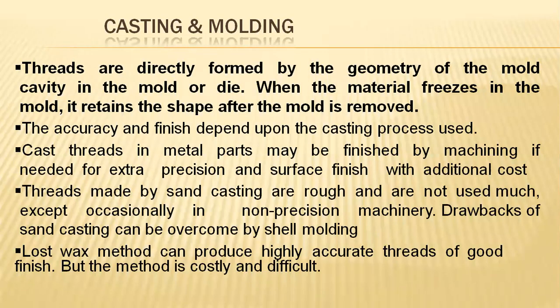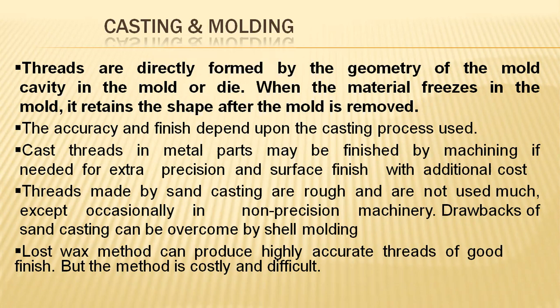Let's have a detailed look at the classifications one by one. Casting and molding is a basic initial process. In this process, the threads are obtained directly as per the geometrical specifications, as impressions created in the mold, or with a standard die made of standard materials, that is stainless steel or cast iron.